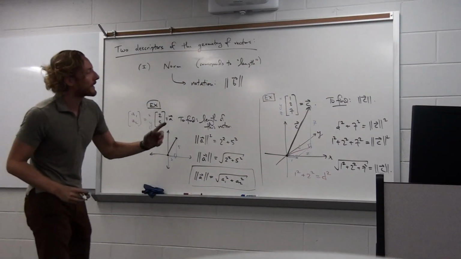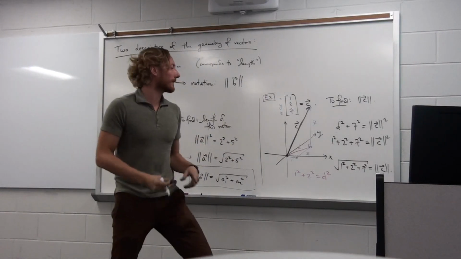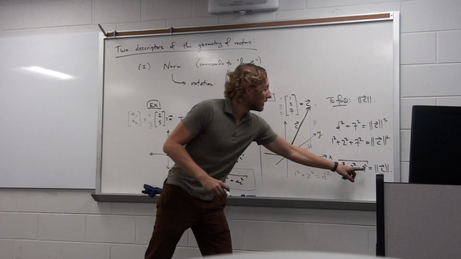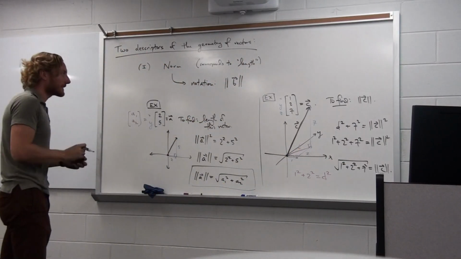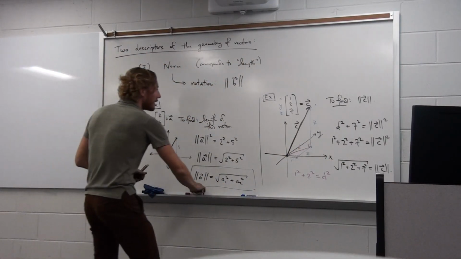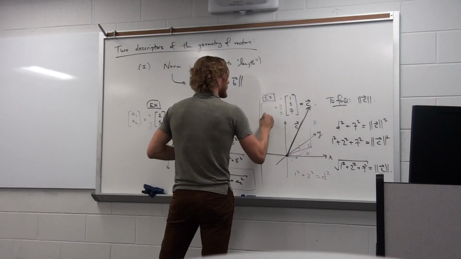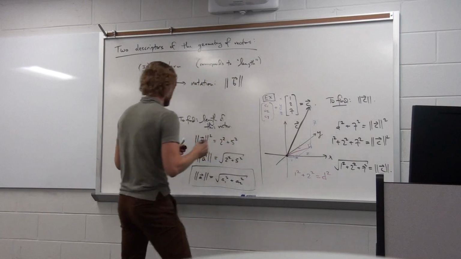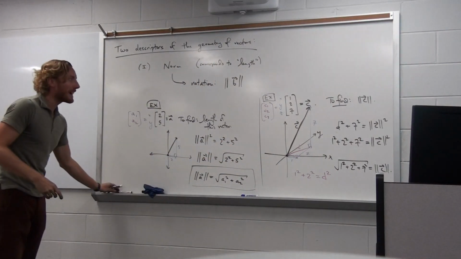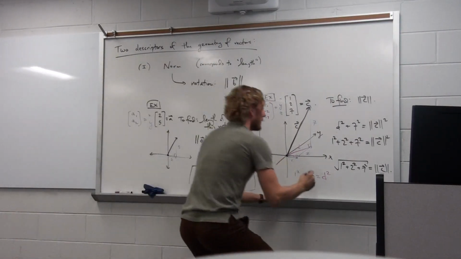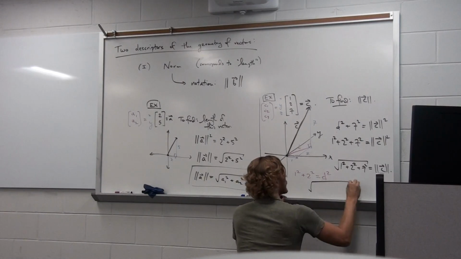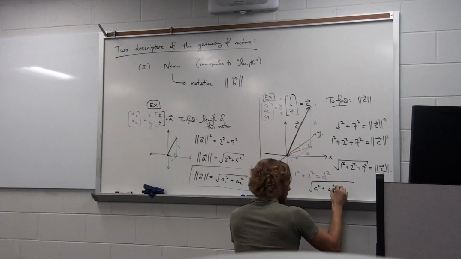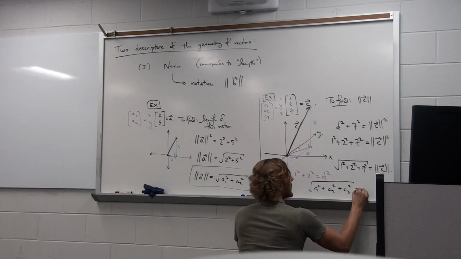But reflect upon that for a second. Where did the 1 come from? That was just your movement along the x-axis. Where did the 2 come from? That was just your movement along the y. The movement of 7 was your movement along the z. So if in general your vector was not 1, 2, 7, but C1, C2, C3, you could describe the length of that vector as the square root of C1 squared plus C2 squared plus C3 squared.